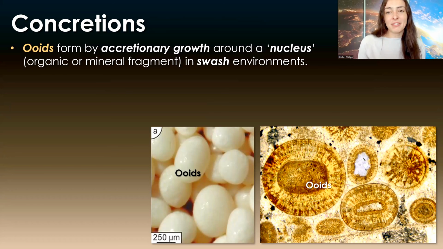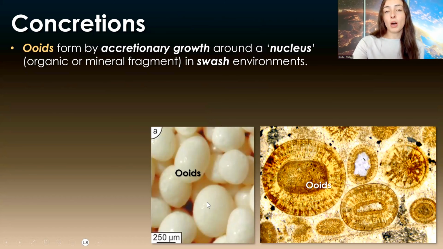And that can be a piece of plastic these days, but any small tiny item. These ooids are really tiny. Here you can see the scale. It's 250 microns, which is really tiny. And these form typically in swash environments, so very shallow marine environments where waves are waxing and waning and rolling them over the substrate, polishing their spherical structures as they precipitate that mineral, and that's why they turn out so round.